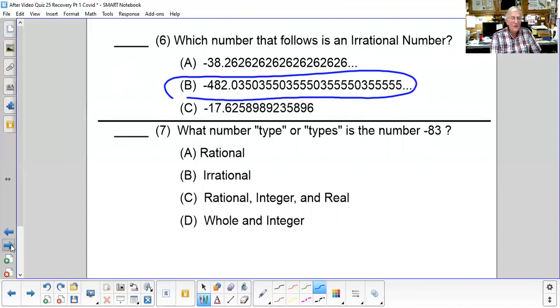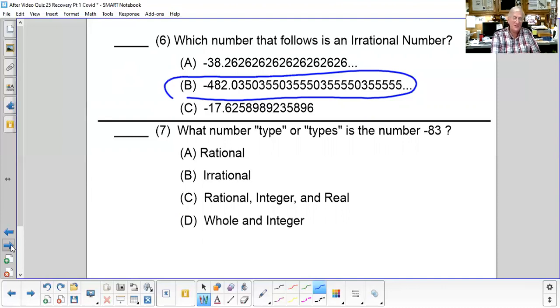What type or types of numbers is negative 83? Well, it isn't a whole number, right? It isn't a counting number. It's definitely an integer, right? Now, integers can be other kinds of numbers, can't they? Integers can be rational, right?